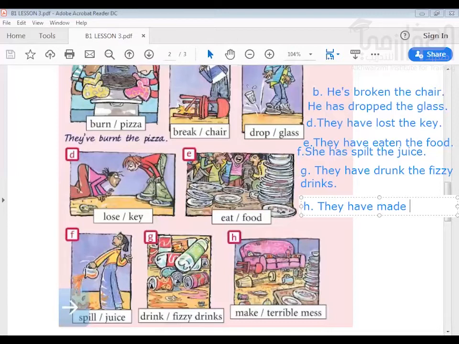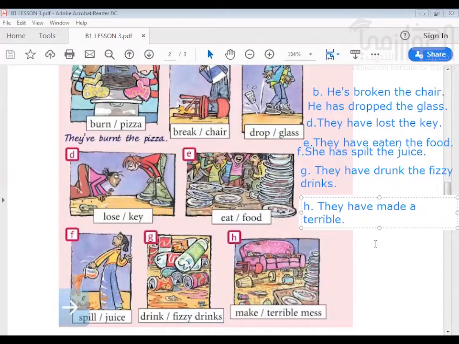They've made what? A terrible mess. They've made a terrible mess. Good. So they have made a terrible mess.